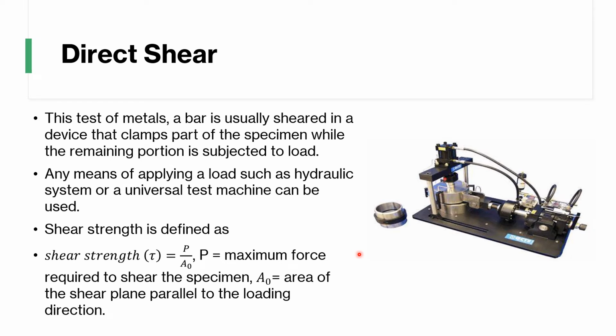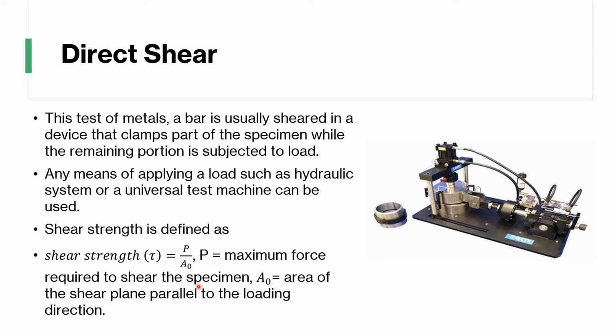Any means of applying a load, such as a hydraulic system or a universal testing machine, you can use it. What are we looking for? The force or load required to shear that specimen. Because this is destructive testing, we're going to shear that specimen and damage it. Then we need the area of the shear plane, this time the area of the shear plane parallel to the loading direction.